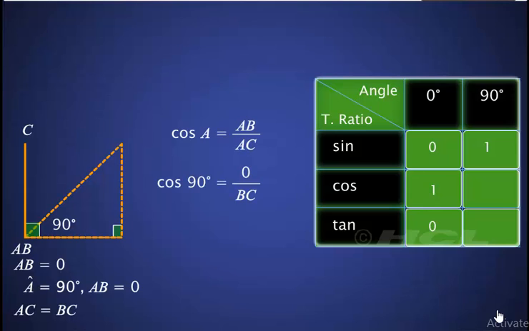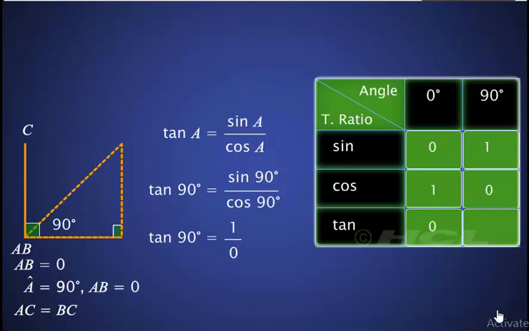Similarly, the value of cosine 90 degrees is equal to 0. Since tan A is equal to sine A over cos A, the value of tan 90 degrees is equal to 1 over 0, which is not defined.